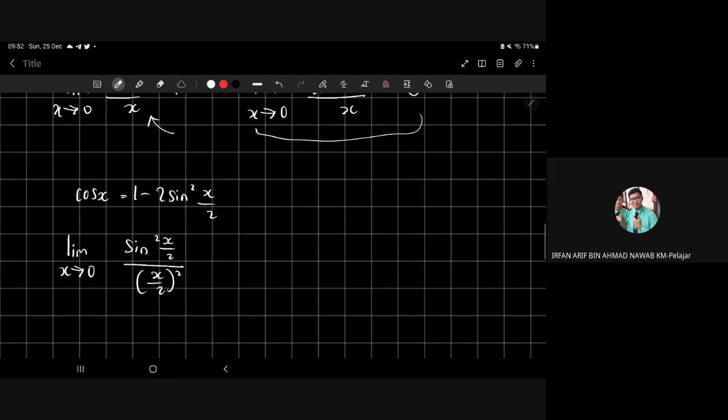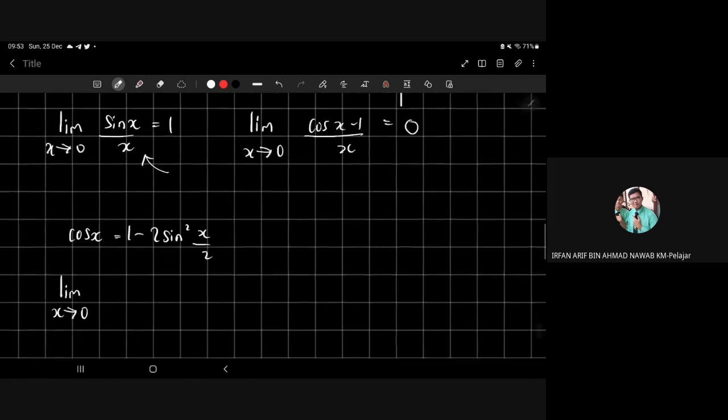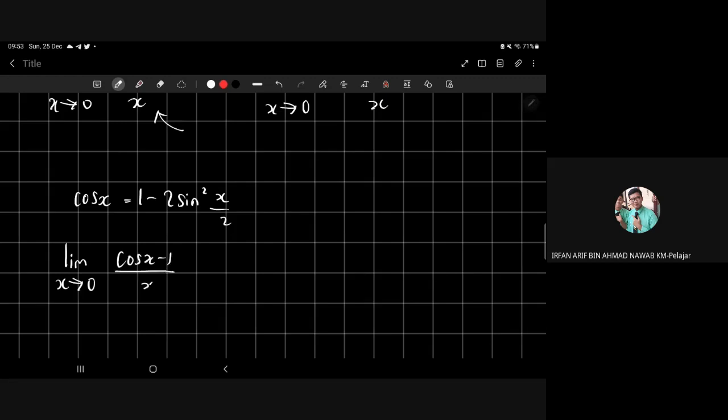I would like to prove that the limit of cosine of x minus 1 over x is 0.